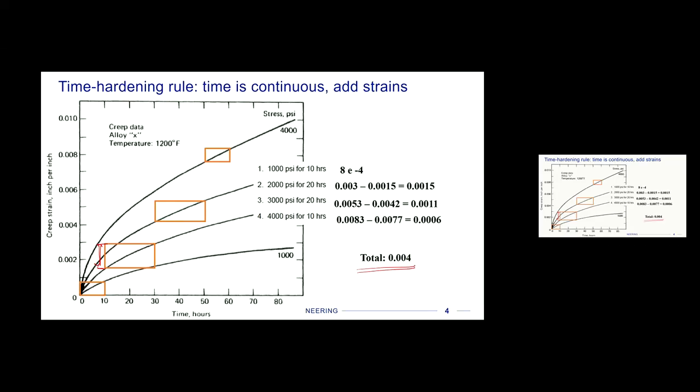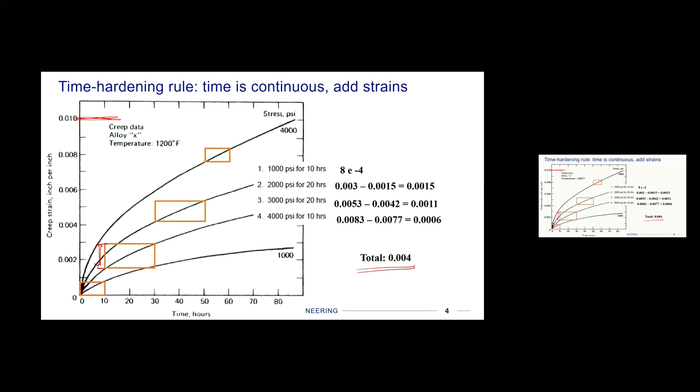We had a good question at the end of the last class: if this cycle of stresses continues, like this is some mission, then we could take our total creep strain that we're allowed, like 0.01, and ask how many times we can go through this cycle to reach that.